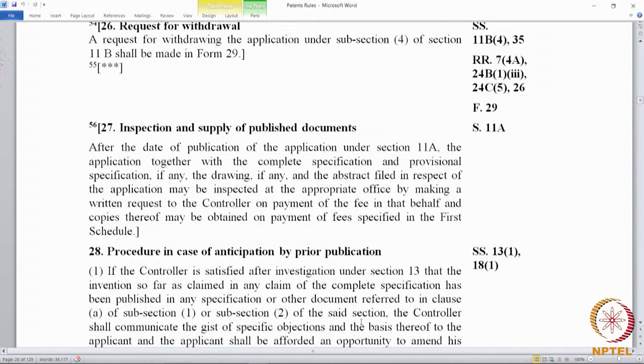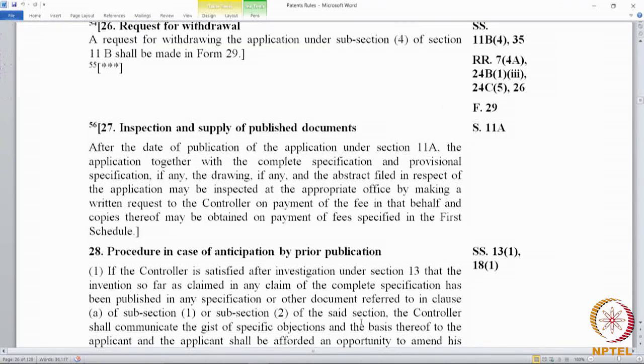In 9(1), the language used is a provisional that is not followed up by a complete within 12 months will be deemed to be abandoned. And there is also a reference to say that this application will not be published, and we get that from 11(a)(3). 11(a)(3) says every application for a patent shall on expiry of the period be published except the following, which means what is covered under 9(1) will not be published.